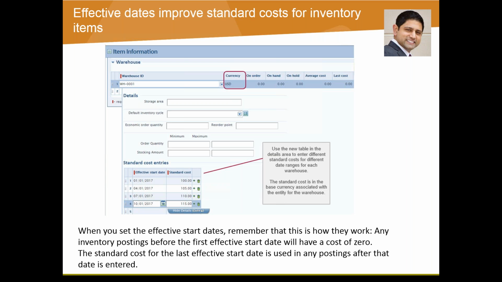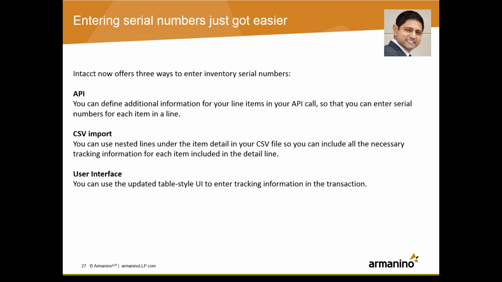The next key update here, Brenda, goes along with the CSV example I just gave, and this is introducing serial numbers. We did an implementation with a client about three or six months ago where we were asking about serial number tracking, and that was a fairly manual process.